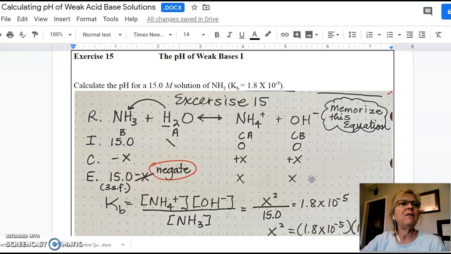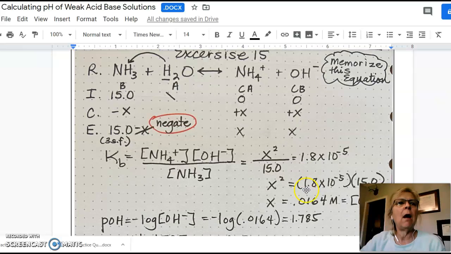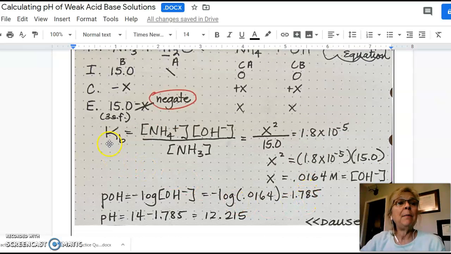Okay, so we have to write out first our dissociation equation. And you might as well go ahead and memorize this equation, because this equation is so well used and often used by IB that you might as well have it memorized. All right, so our initial concentrations are 15.0, 0, minus X, plus X, and then we're going to plug in our values for equilibrium using our Kb expression, plugging in our numbers.